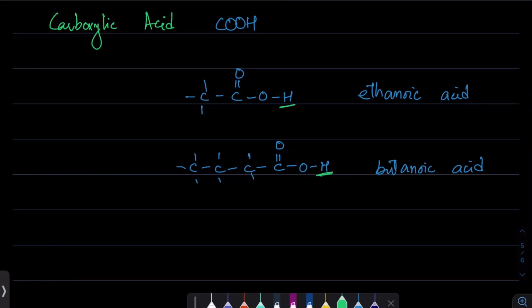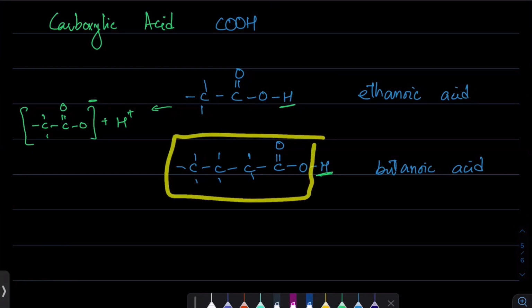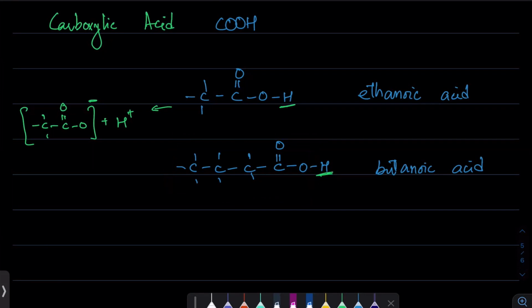This is the H that they will lose, which means कि जब ये इसको छोड़ेंगे, so this thing will simply make this thing, which has a negative charge, and H positive. So ये इसमें split हो जाएगा जब भी आप इसको water में add करोगे. तो H के अलावा जो कुछ भी होगा उस पे negative charge आ जाएगा. That's why they are acids.